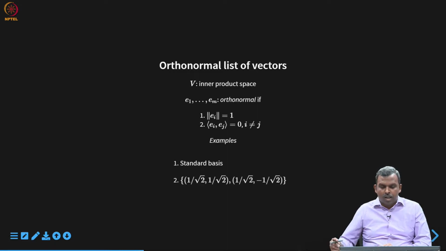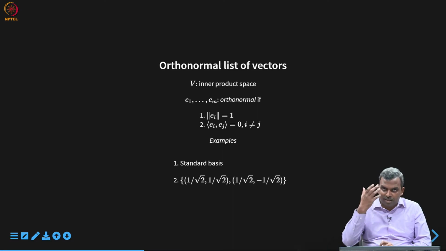Here are a couple of basic examples just to motivate and convince you that orthonormal vectors do exist. The standard basis is a standout example. You quickly see that orthonormality is satisfied for the standard basis. It's very easy to convince yourself that that's true. Here is another example which is slightly more non-trivial. You see 1 by root 2, 1 by root 2 and 1 by root 2, minus 1 by root 2.